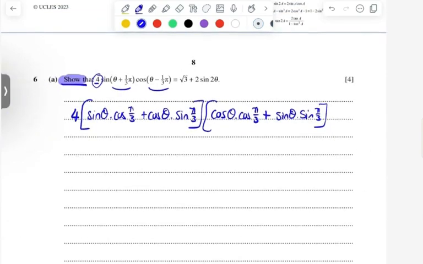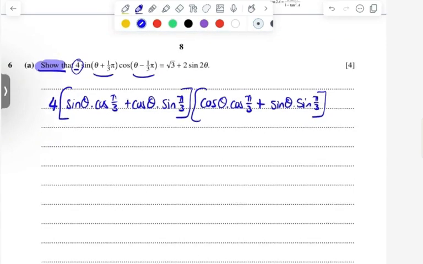Please note you're also working in radians, so now our calculator needs to be set to radians. These are special angles, so you don't even need a calculator to work them out. I don't really want to think too much, so I'm just going to use mine.